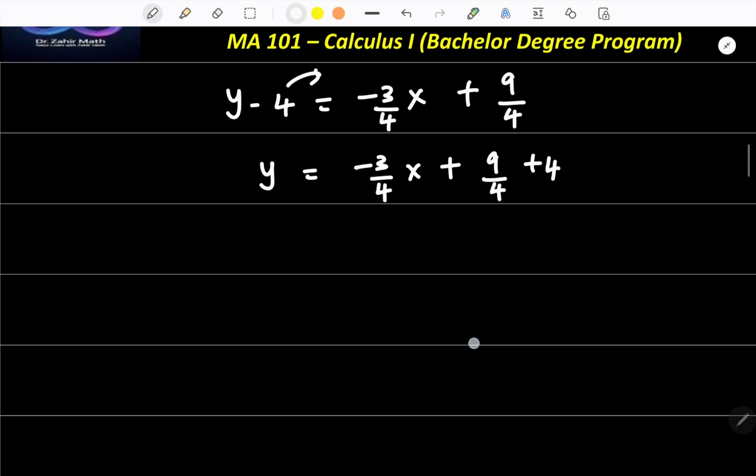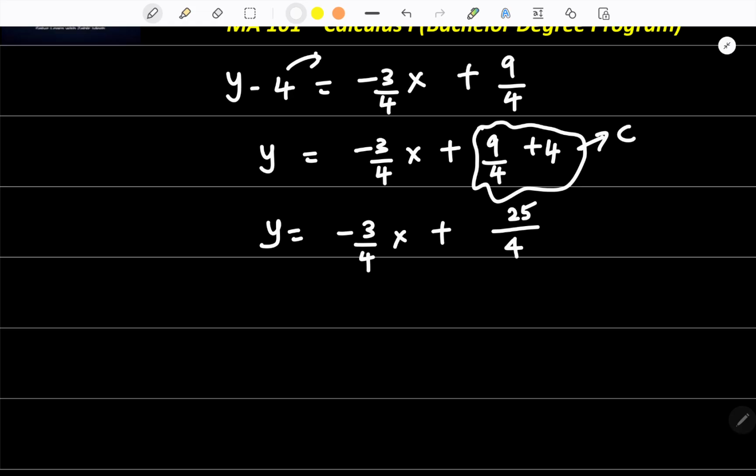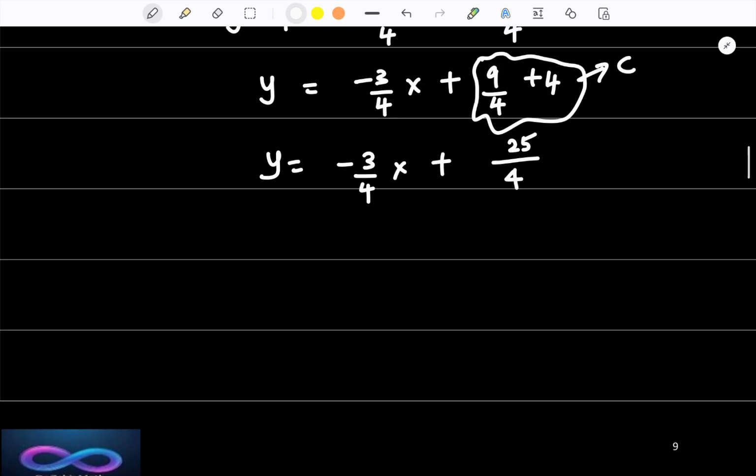Take 4 as LCM, or you put it in the calculator. If you put this in the calculator, you will get 25 divided by 4. 4 fours are 16, 16 plus 9 is 25. So 25 by 4.